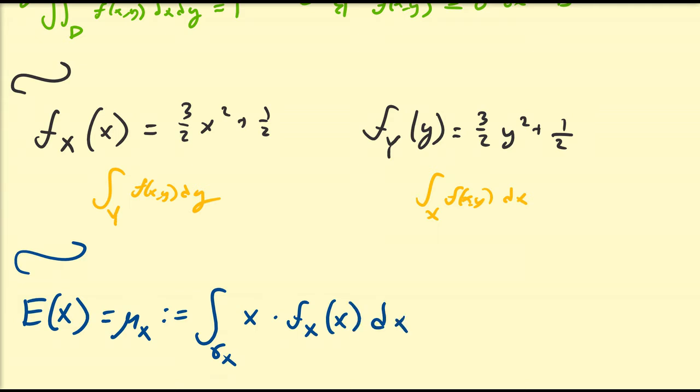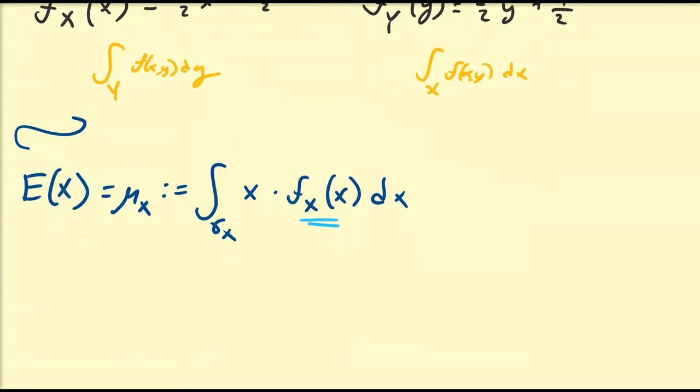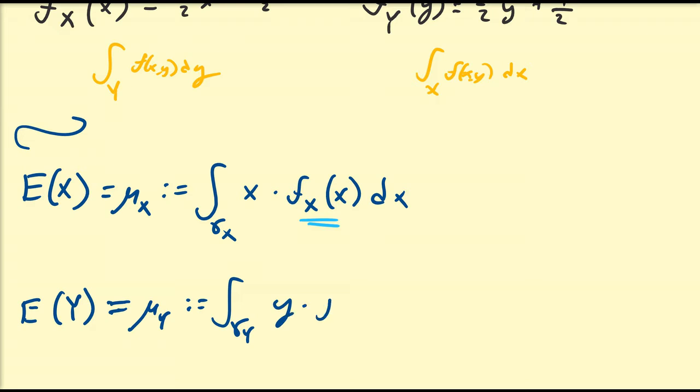This definition is practically the same thing as the single variable case, except that this function is the marginal density function of a multivariable PDF. But overall, the calculations will not be different. Similarly, the expected value of y, which some people write as mu y, is defined to be equal to the integral over the support of y times the marginal density function of y with respect to y.